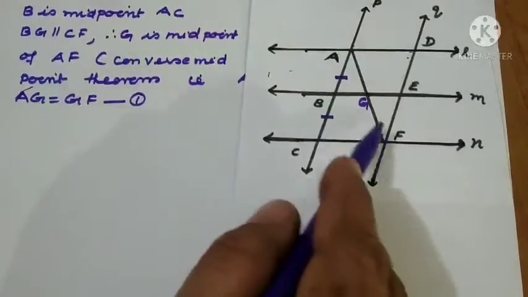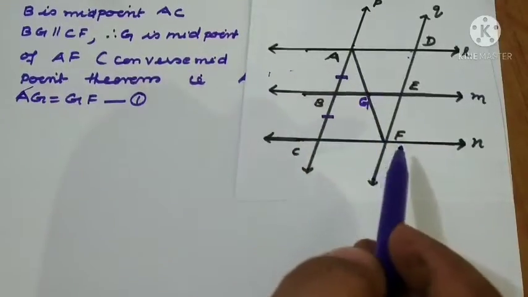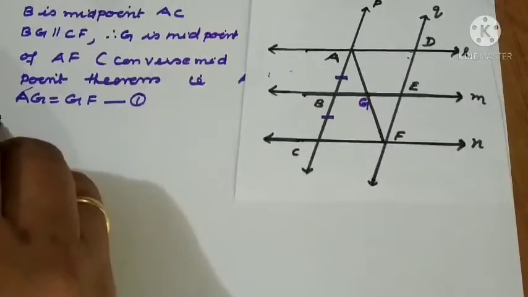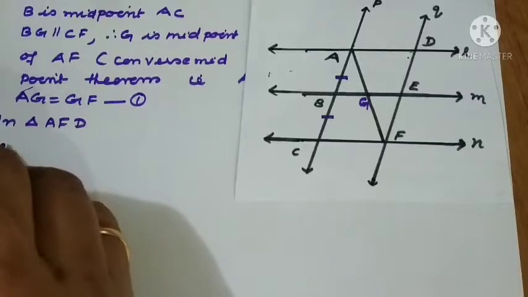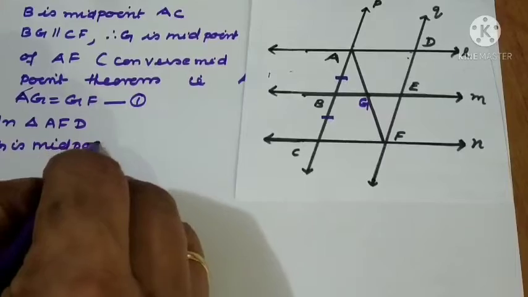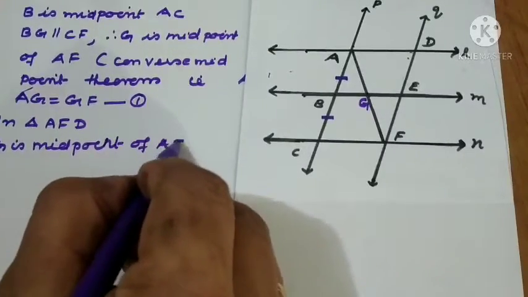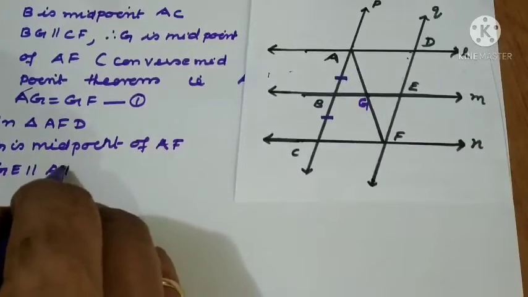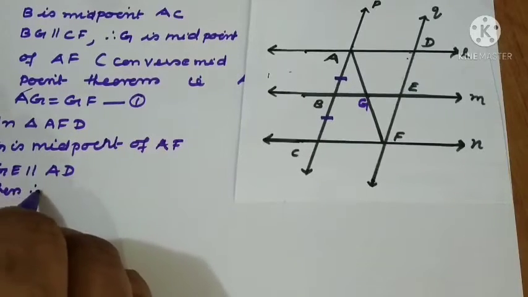Now G is the midpoint of AF and GE parallel to AD. So the triangle name changes, same rule follows. Which is the triangle? AFD. So in triangle AFD, G is the midpoint of AF, GE parallel to AD. Then what can we write?